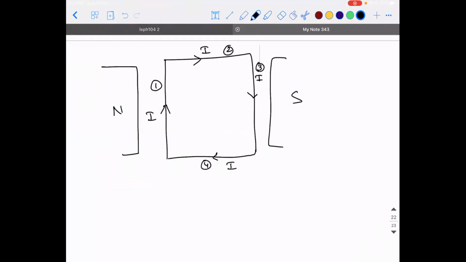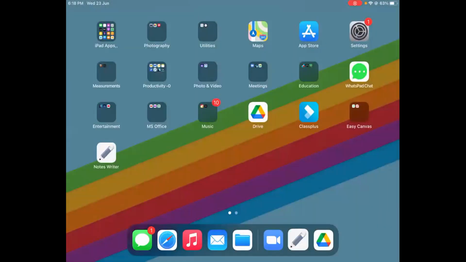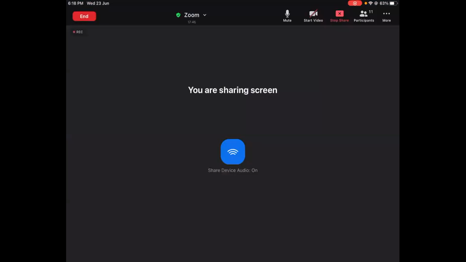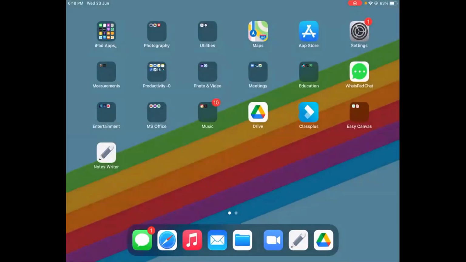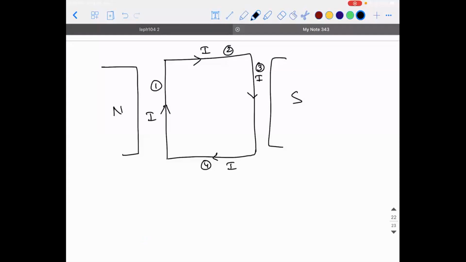Sir, I can't see your screen, sir. So I just changed the diagram for simplicity. Magnetic field is going to be from north to south pole. Current is flowing in the clockwise direction.